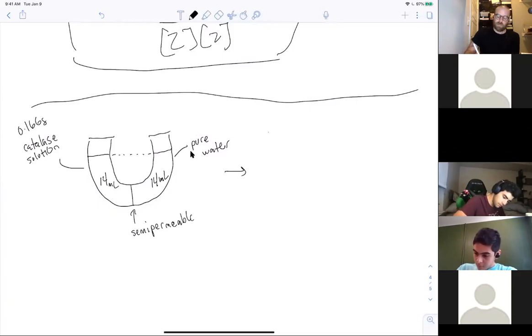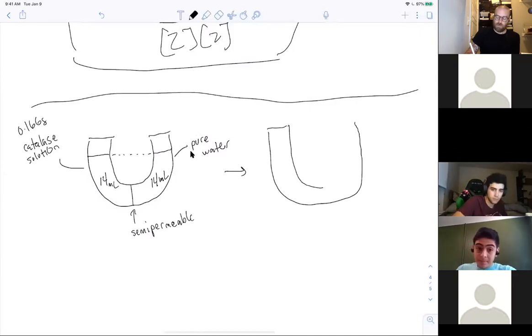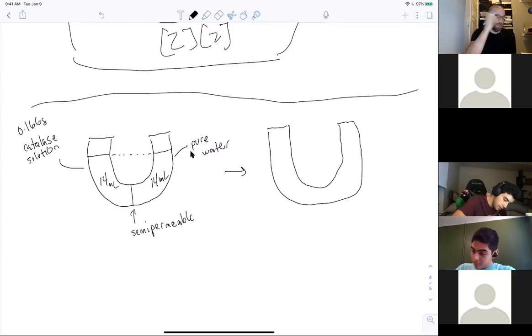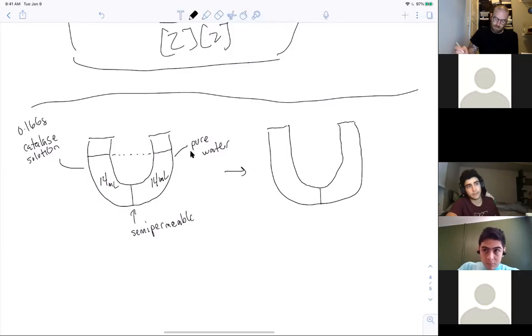And so you let the thing come to equilibrium. You let it settle for a while, and water will start to flow from the pure solvent side to the solution side. So you're going to expect the volume to decrease over here and to increase over here.